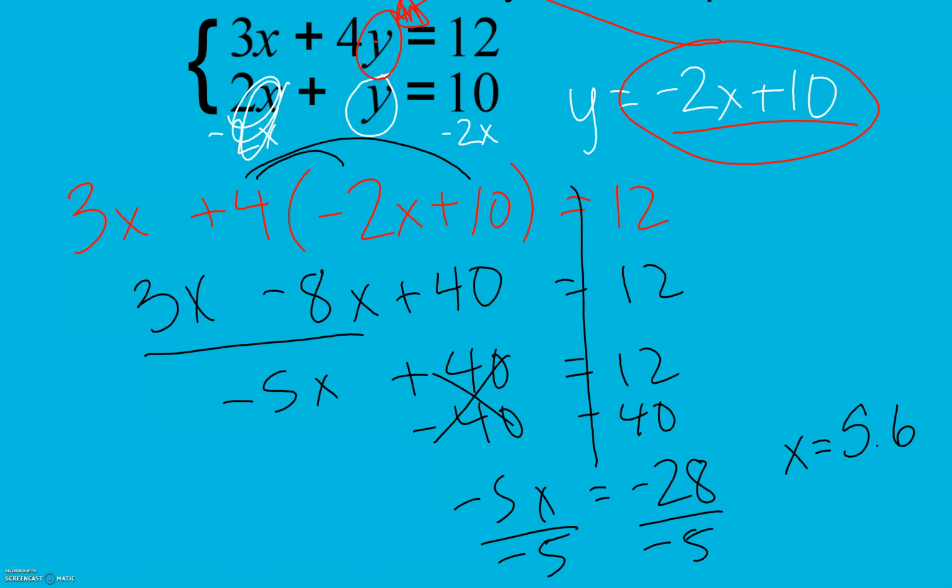Now that I know what that x is, I can find my y. Remember, when we solve a system, I have two variables, x and y, so I need to have a solution for both. I know what x is. I can substitute back into the equation I solved for to find y. We can actually substitute into any equation that has both an x and a y, but this one's going to be the easiest because we've already solved it for y. So y equals negative 2 times 5.6 plus 10.